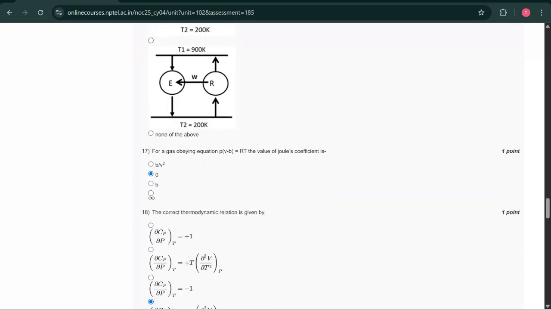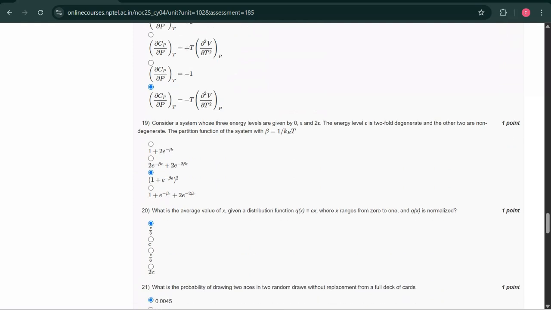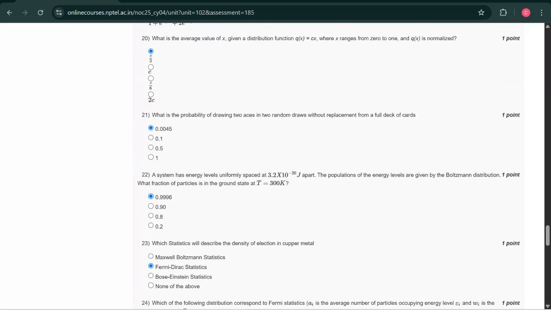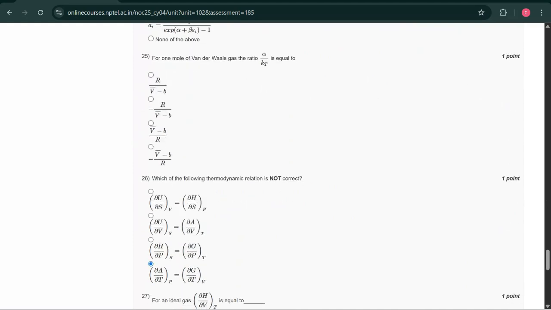Okay. Then anything else? 19. 19 we solved right now. Then anything else? 25. 25 is a little bit tricky and a long process.